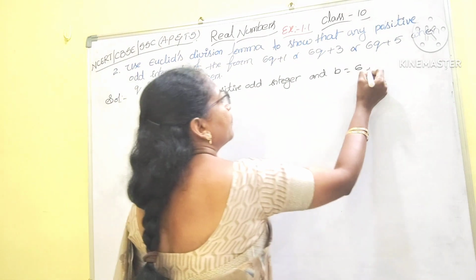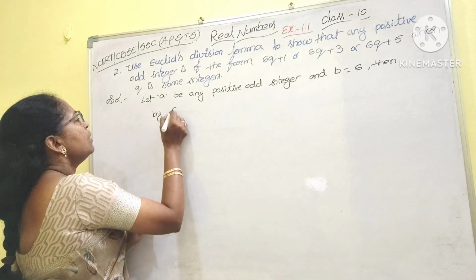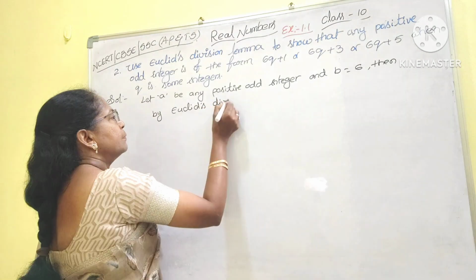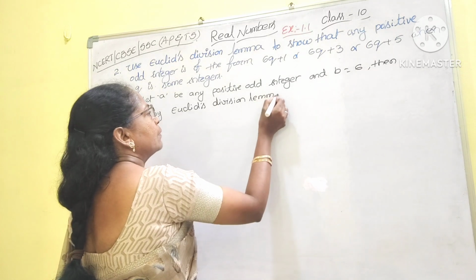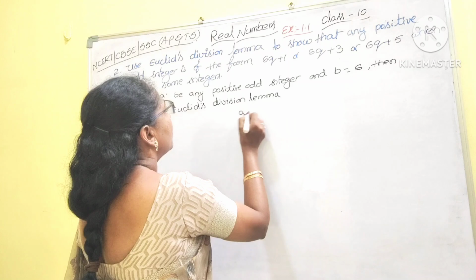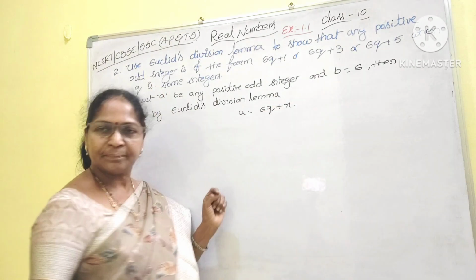Then by Euclid's division lemma, A equals BQ plus R. So here A equals 6Q plus R.